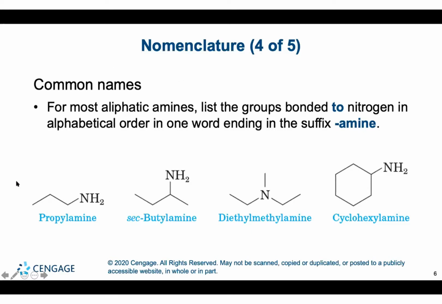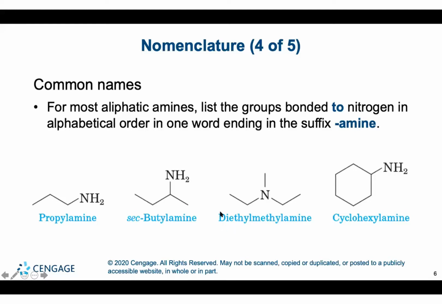Here we have only one aliphatic group attached to this amine, right? So it's going to be an alkyl group, 3 carbons, propyl amine. Here we have a sec-butyl amine.